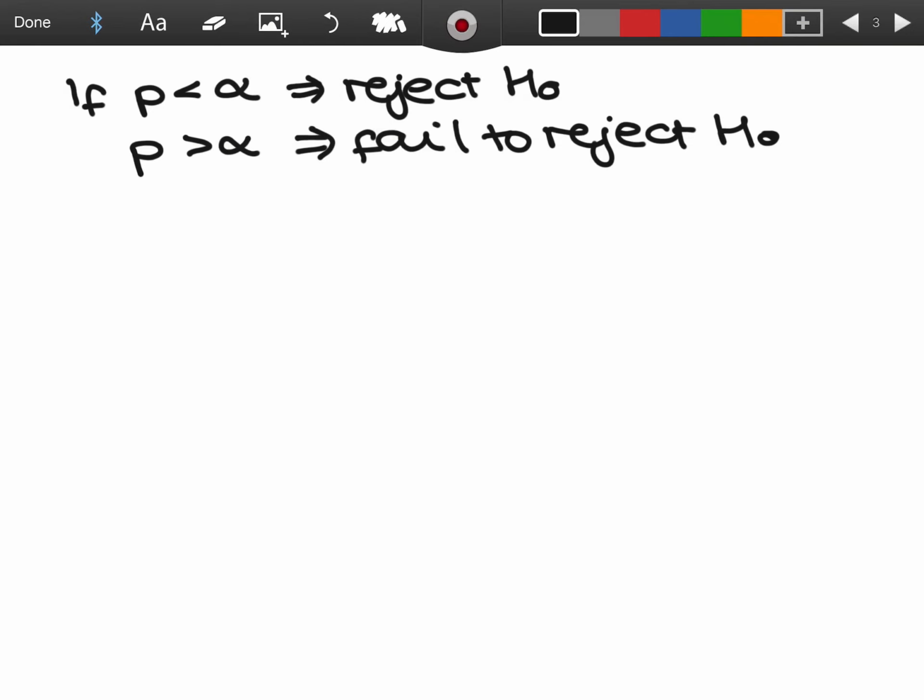We did a z-test when you knew the population standard deviation, so you knew that sigma value. When you didn't know your population standard deviation, but you knew your sample standard deviation, which is more like a real world problem, you'd do a t-test.